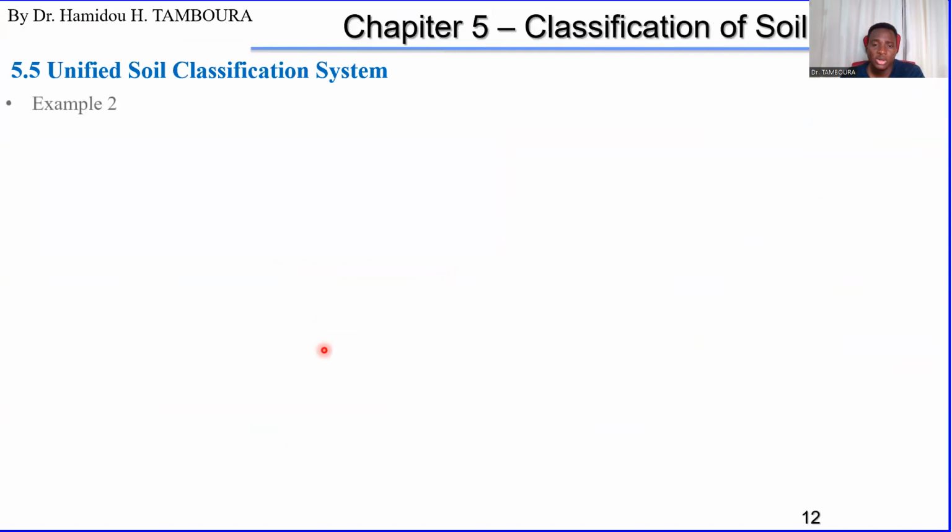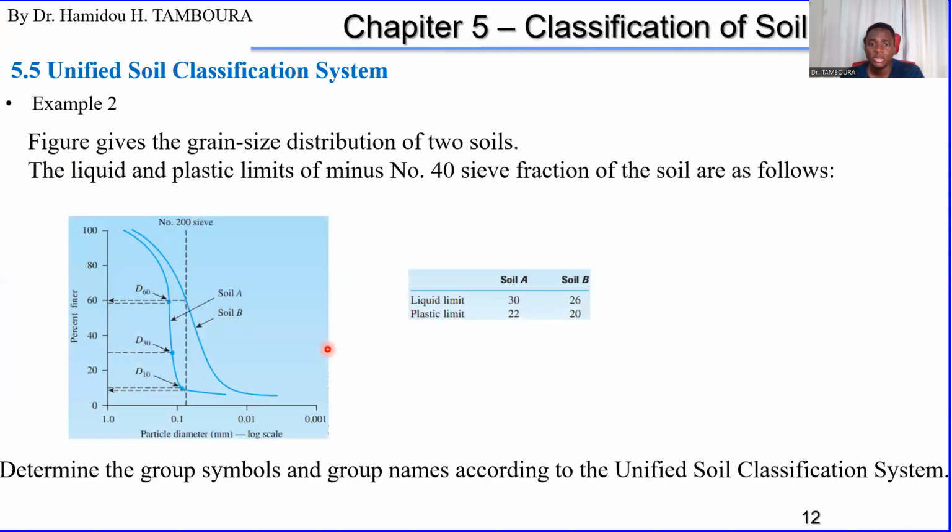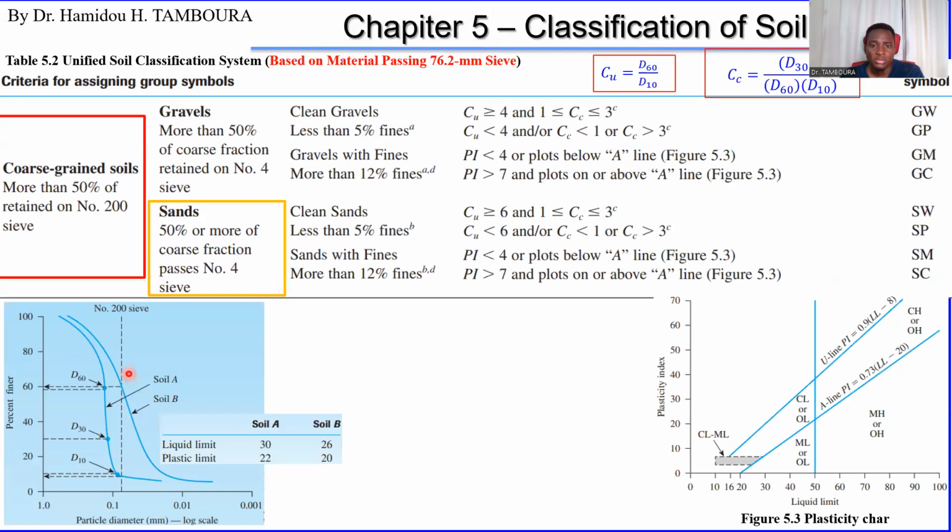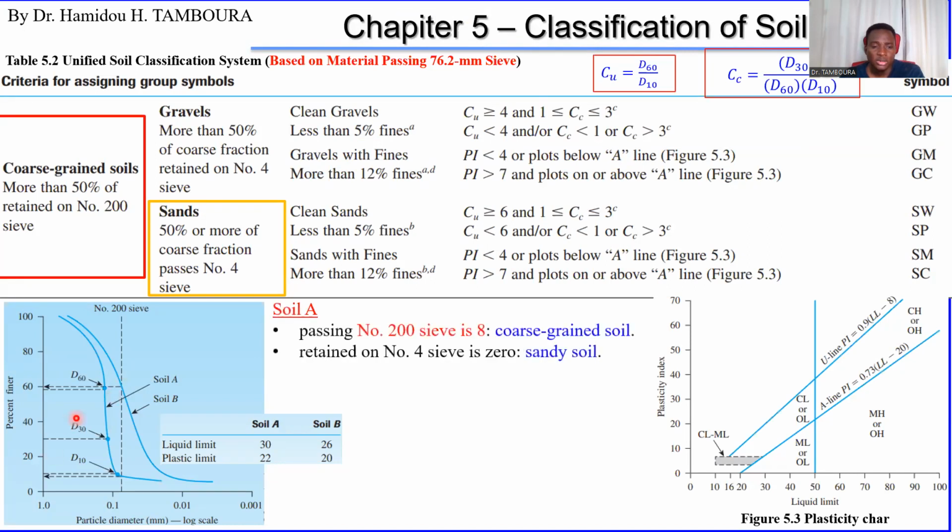As you can see on our curve, the maximum diameter here is even 1. Nothing is retained on sieve number 4, because its opening is 4.75 millimeters, while here the maximum diameter is even 1.